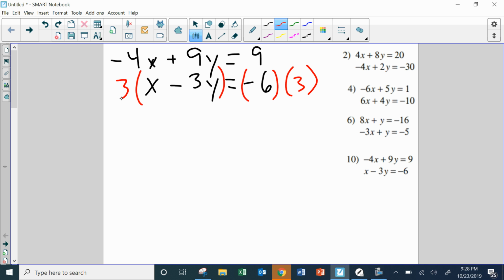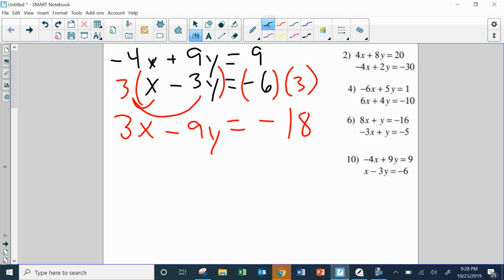All right, so anyway, my new equation here is 3x. I'm just doing the distributive property, 3 times x, and then 3 times negative 3y. Subtract 9y equals negative 6 times 3, which is negative 18. Now I'm going to write the original equation again, negative 4x plus 9y equals 9.